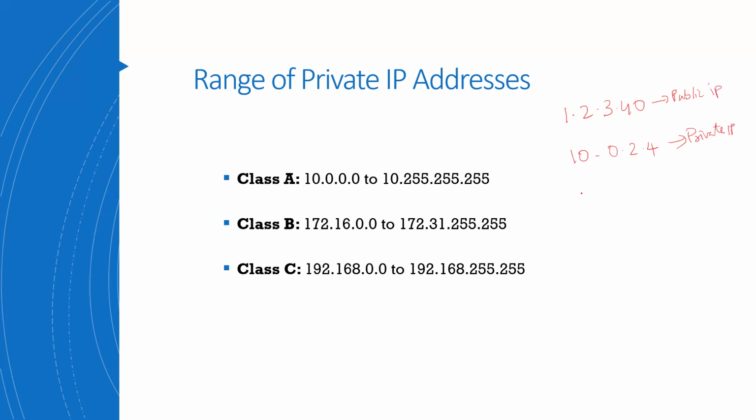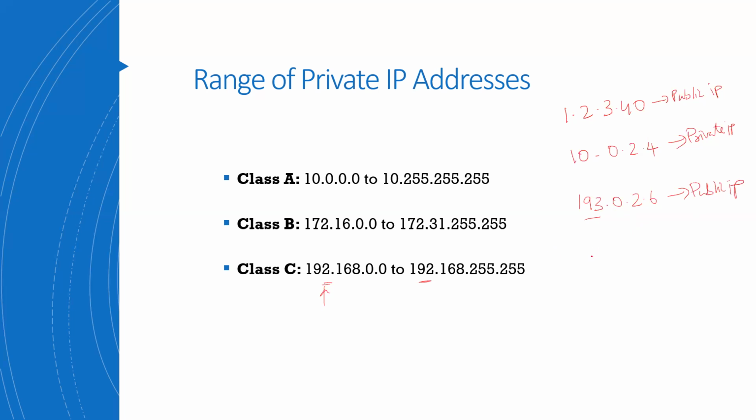If I take some other example, something like 193.0.2.6, which IP is this? Does it start from 192? No, it's not inside 192. It's 193, which is out of the private IP range. That is a public IP.